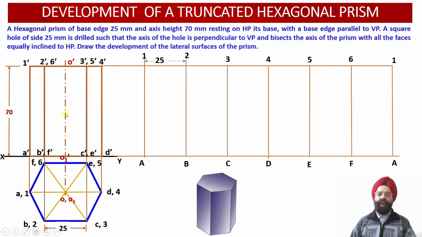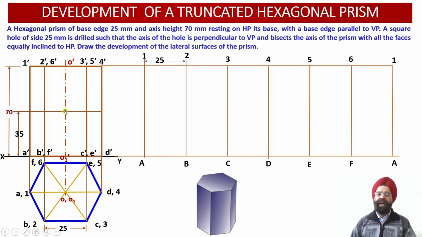So let us first find the midpoint of the axis of the prism. The height of the axis is 70 millimeter, so the midpoint is located at a height of 35 millimeter from the base.